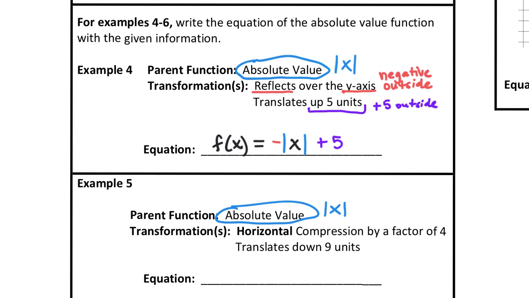The next one is horizontal compression by a factor of 4. So horizontal compression means multiply by 4.